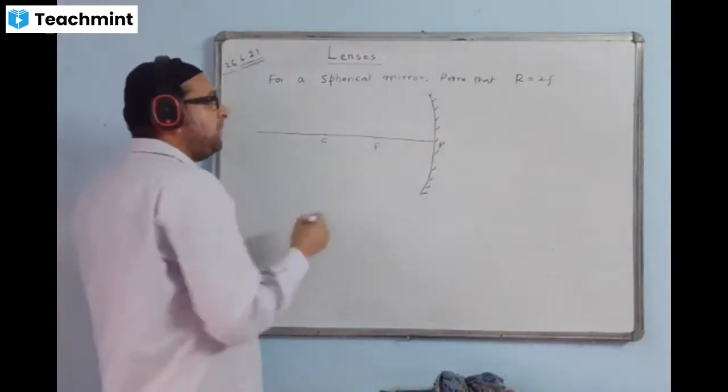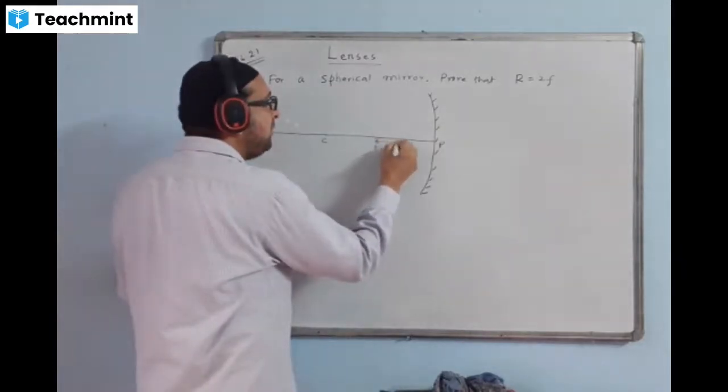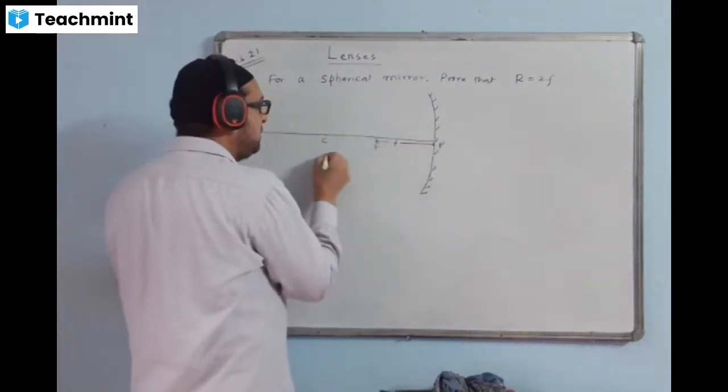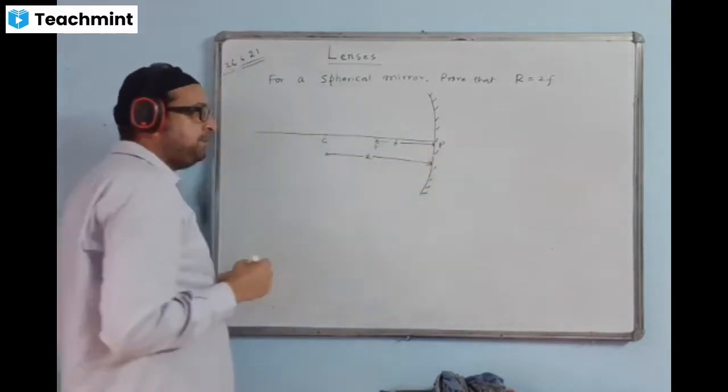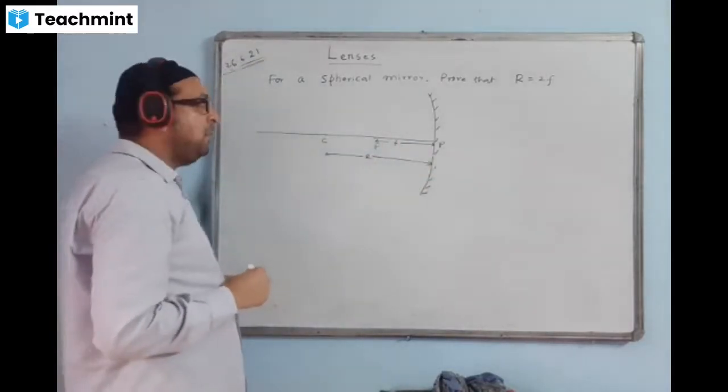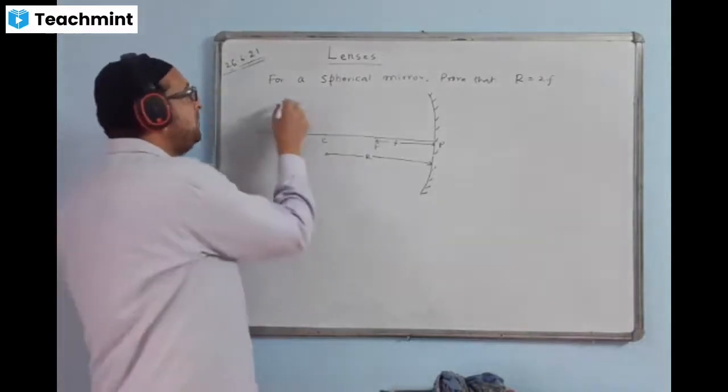That means this distance we can mark as F, and the total distance from here till here, P to C, is R.